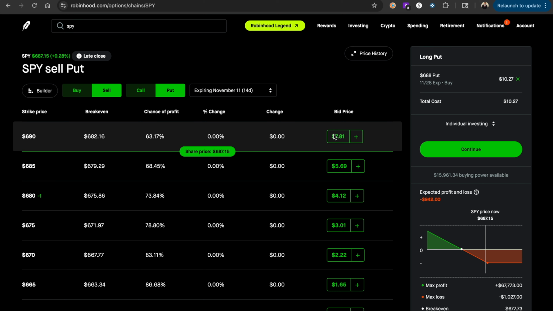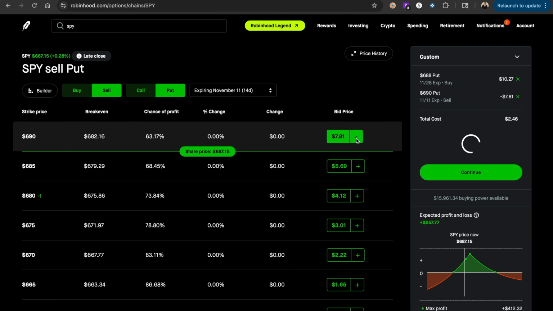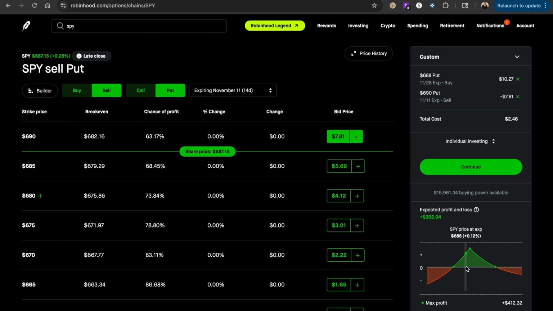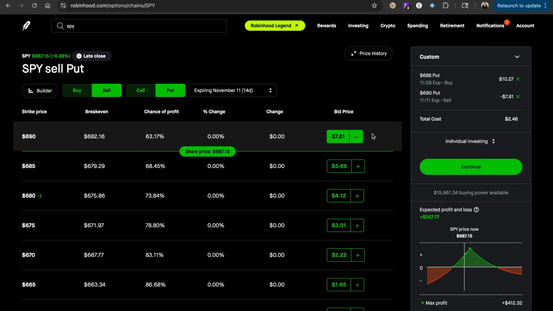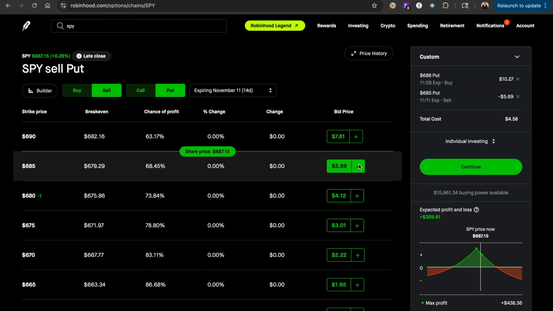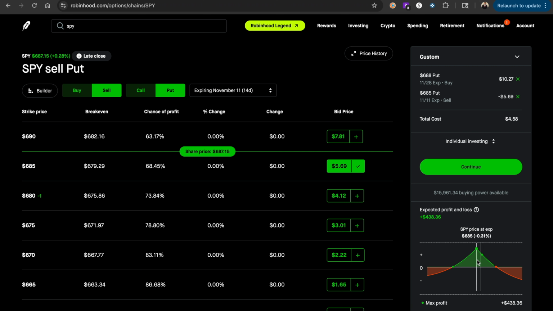Those aren't the best strikes, but let's just say we went with the 690. You can see this would actually benefit if the stock went up a little bit. And let's change that to the 685 strike. With the 685 strike now, this is going to benefit if we have some downside move. But either way, if the stock stays stagnant, we're going to make our most money.